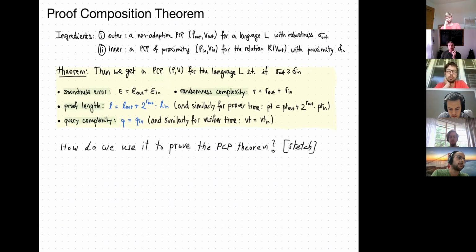Anyone want to give it a shot? Assuming we know what we know, how can we show that any language in NP can be verified using a polynomial size PCP and making only O of 1 queries? How would you approach it?